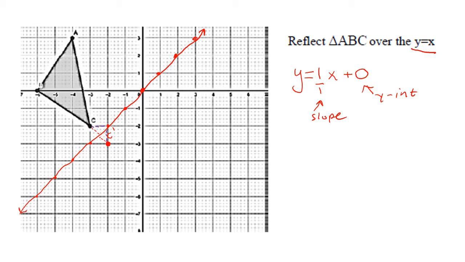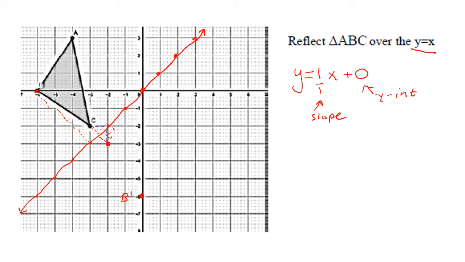Let's look at point B. Okay, point B is out here. And if I count to my line, I'm exactly 1 diagonal unit, 2 diagonal units, and 3 diagonal units away. So I have to count the same number in the opposite direction to find B prime.